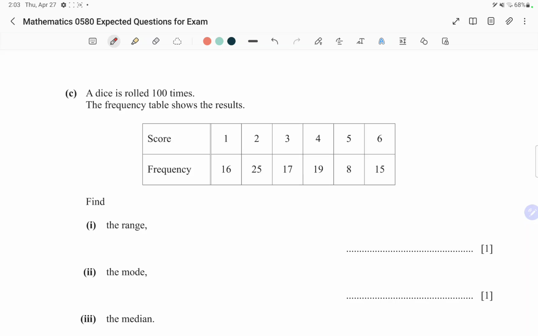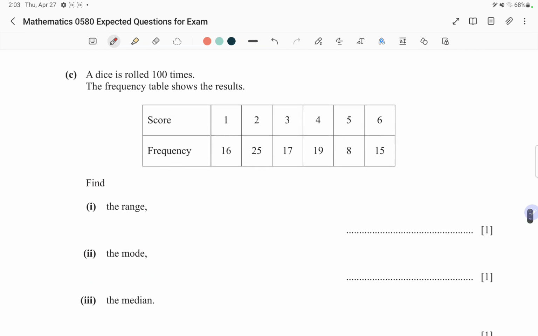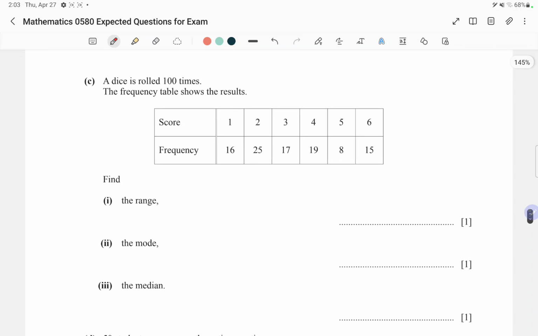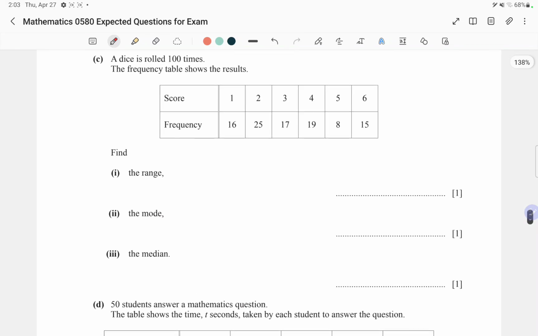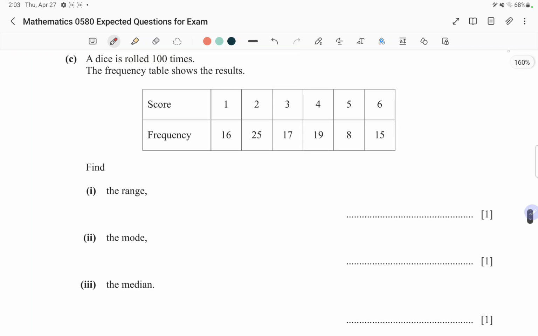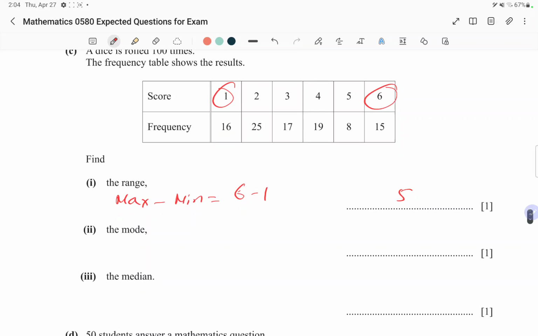Find the range, then the mode, then the median. As we know, range is maximum minus minimum. So maximum it can get 6 and minimum it can get 1. So 6 minus 1, range will be 5.